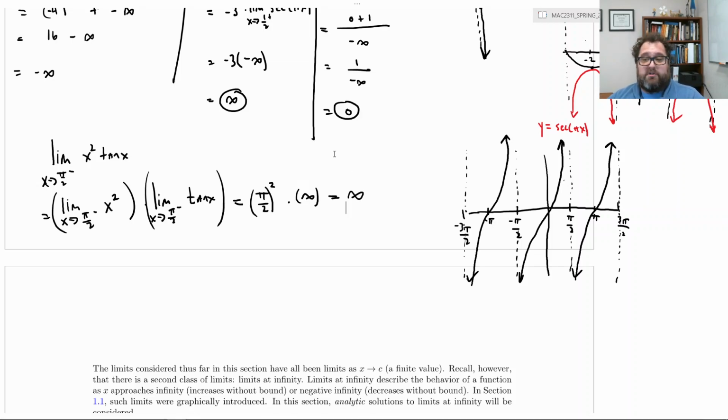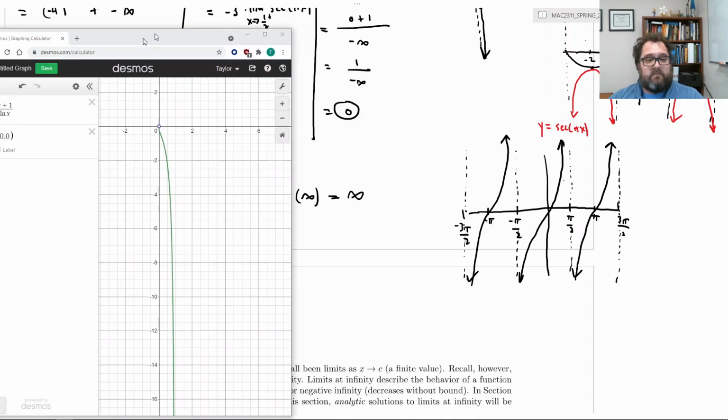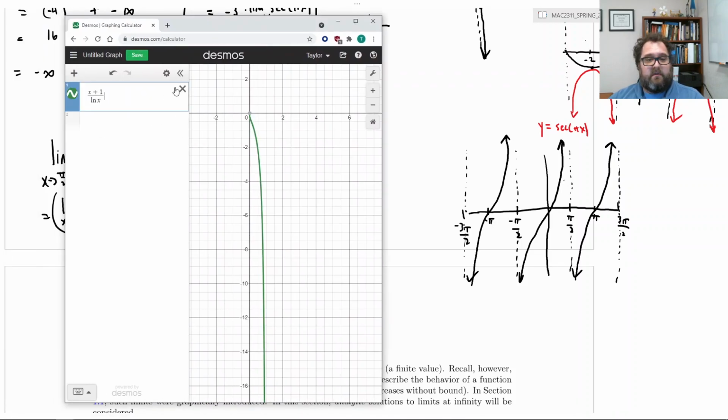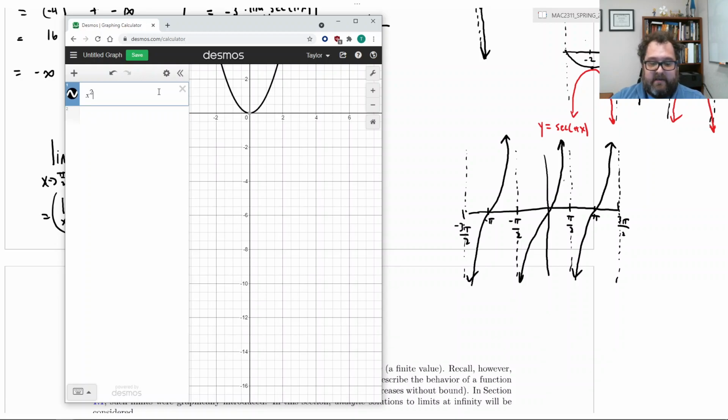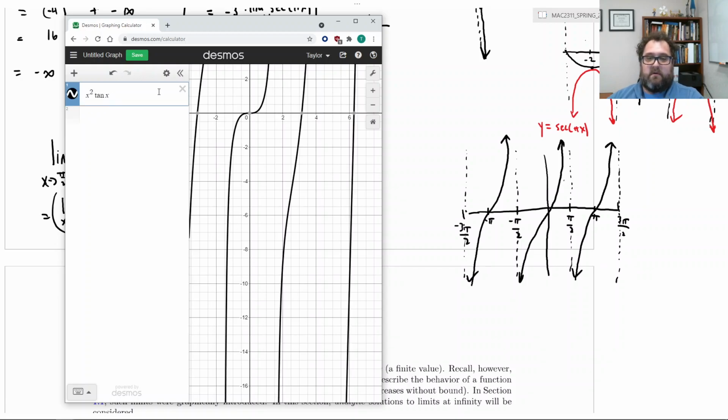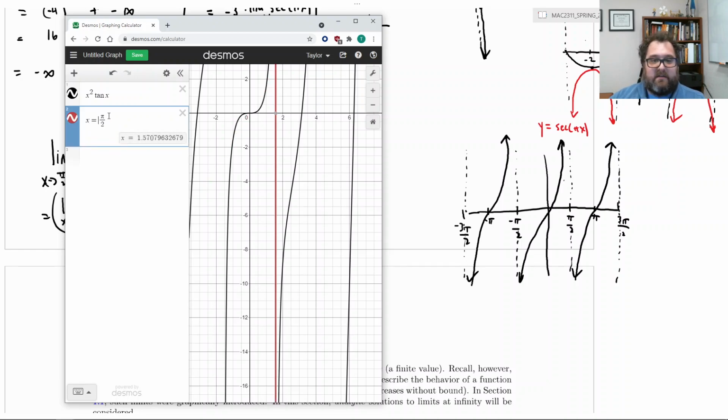Here, let's double check with Desmos. So we have x squared times tan x. And let's put in x equals pi over 2, since that is a vertical asymptote. Let's make it dashed.